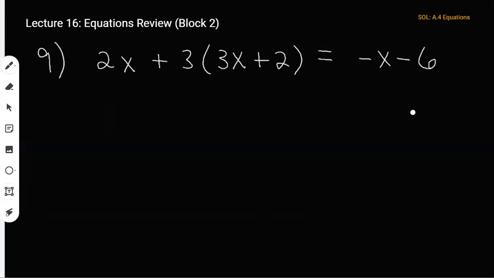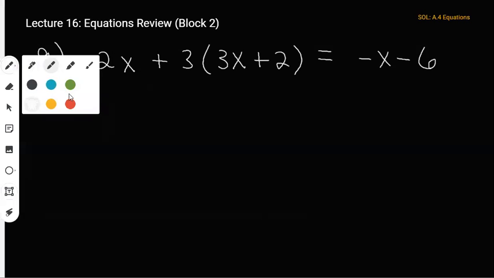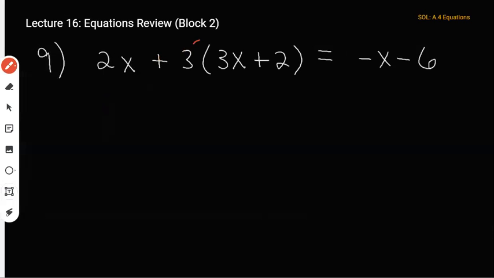So what's the first thing I could do with this? I noticed that I have a 3 on the outside and a 3x plus 2 on the inside. So I can do the distributive property. In other words, I'm going to take this 3 and multiply it by everything on the inside, the 3x and the 2.